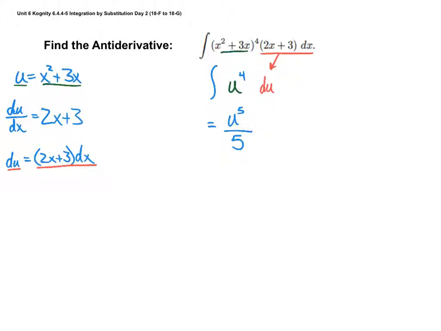I don't want my answer in terms of u, so I substitute back in the u equaled x squared plus 3x. So that is x squared plus 3x to the fifth over 5 plus c.